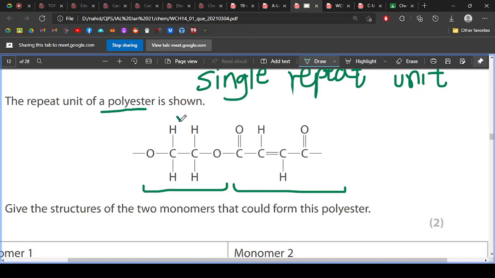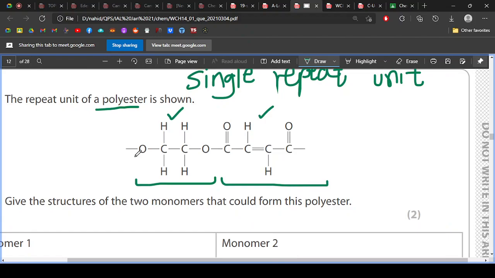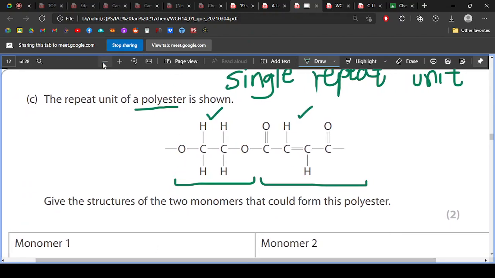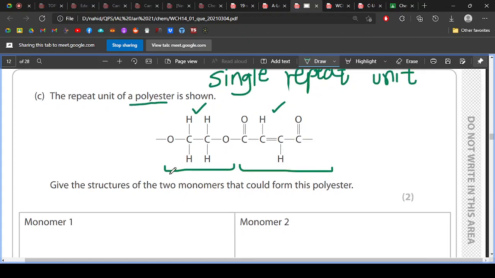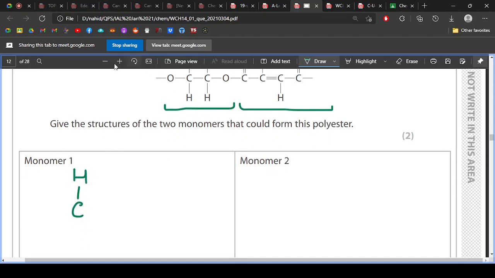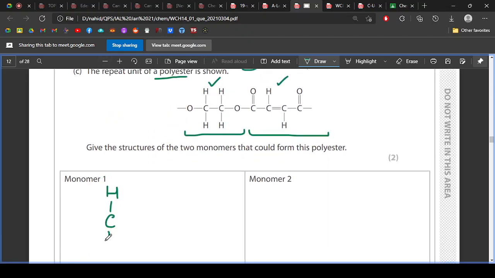So this one is what, diol or dicarboxylic acid? Can you tell me which one is this one and which one is this? Dicarboxylic acid, I guess, is the second one. Yes, the first one is diol. So let me draw the first one, something like that. On the open end there's an O only, right?